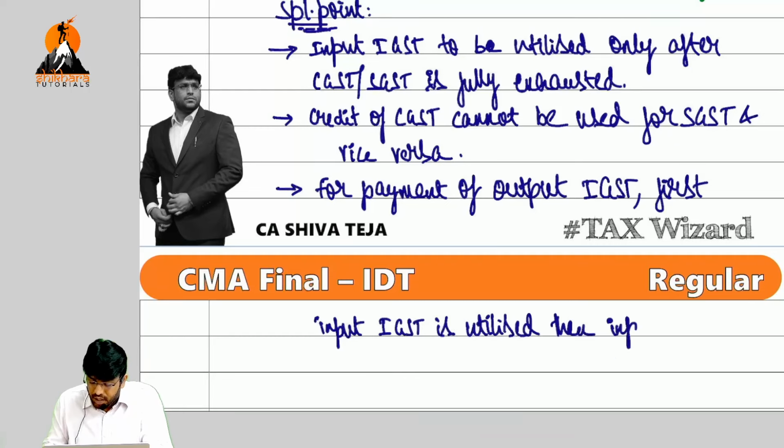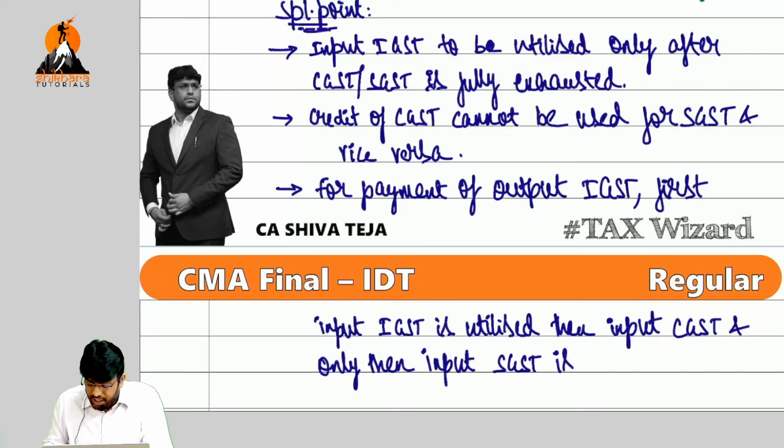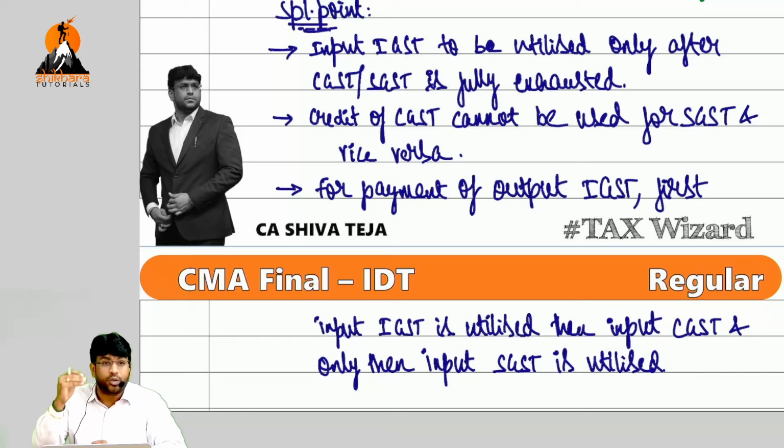Then input CGST, and only then input SGST is utilized. Come on friends, what is the last line? Read again. For payment of output IGST, first input IGST is utilized, then input CGST, and only then input SGST. In that order only you have to set off.